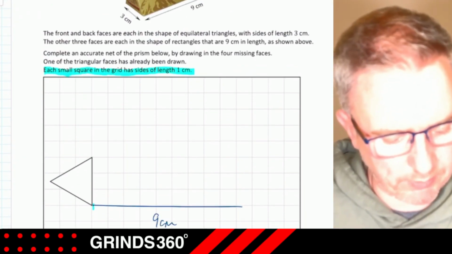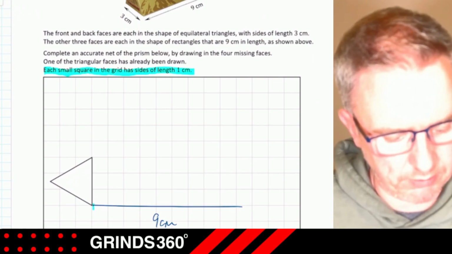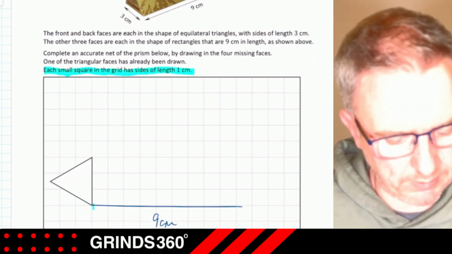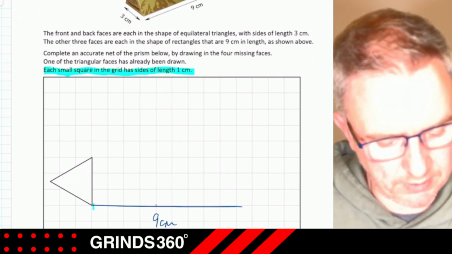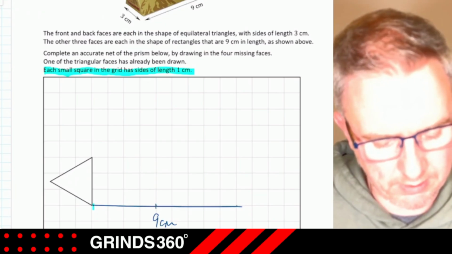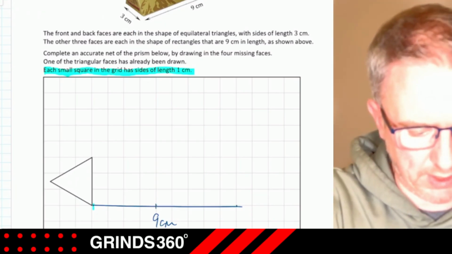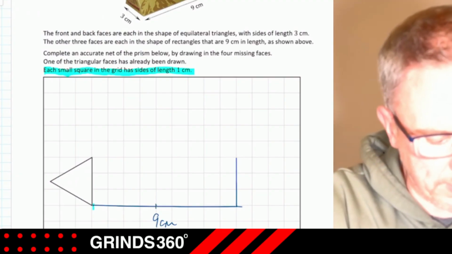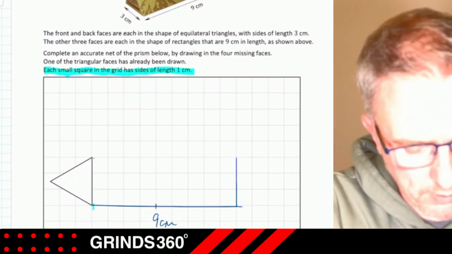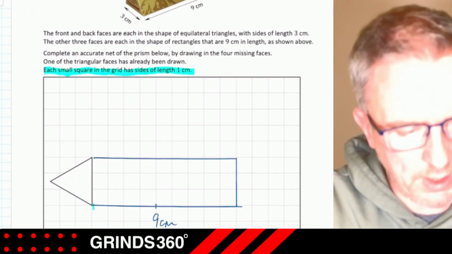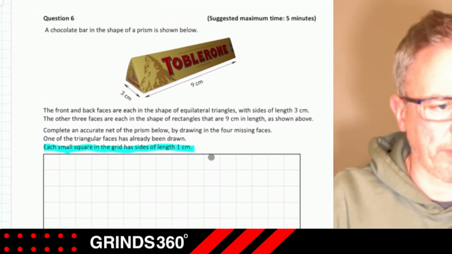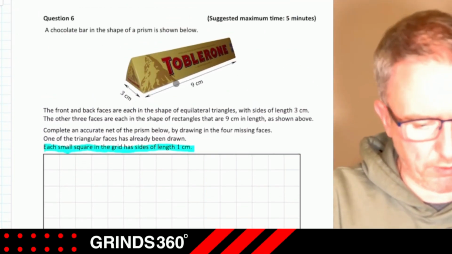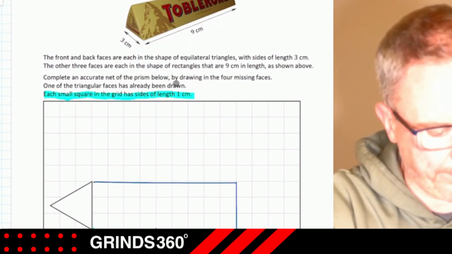So we need to check that we actually have 9 boxes drawn, okay? So we come along and we can see there's 4 and then here we're 9. So we need to stop when we get to here. Now we know that the triangle is 3, so that's fine. Matches here, okay? Now think about that shape. There are 3 of those sides, so I need 3 of those rectangles.